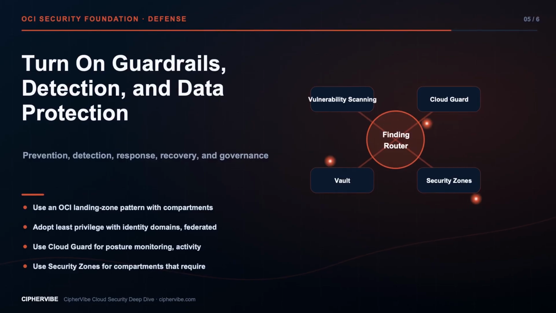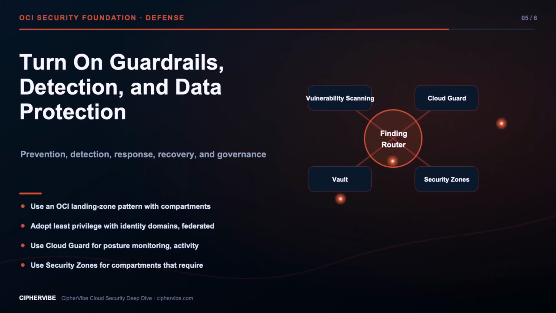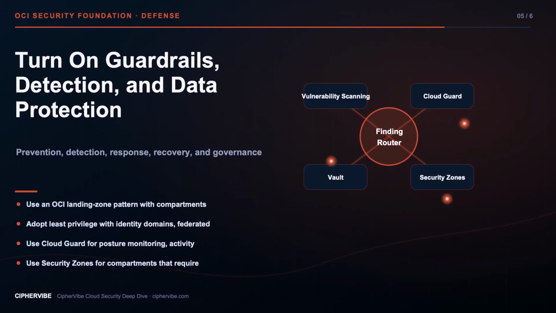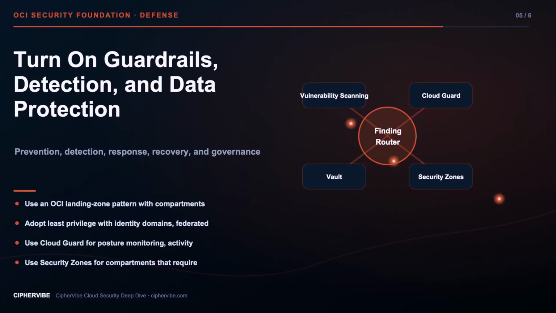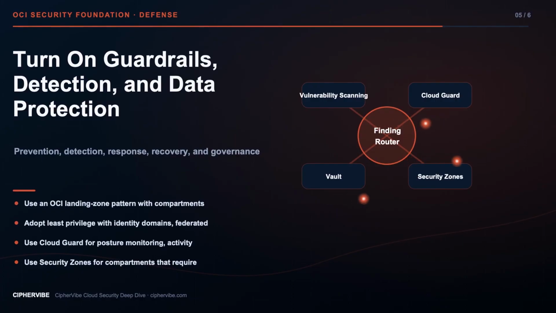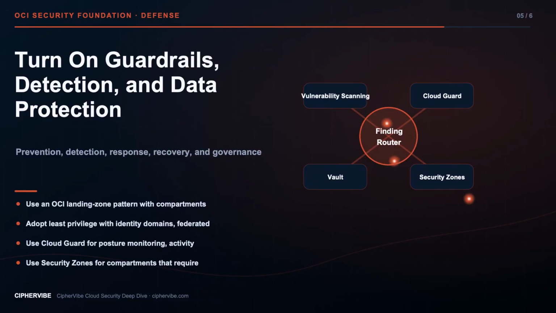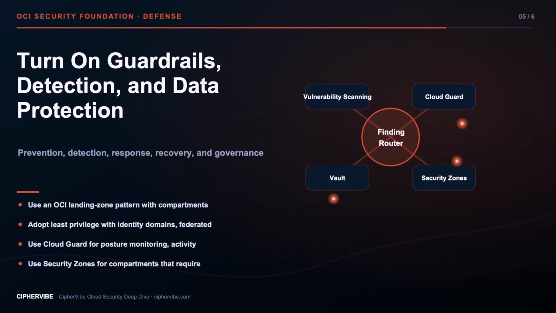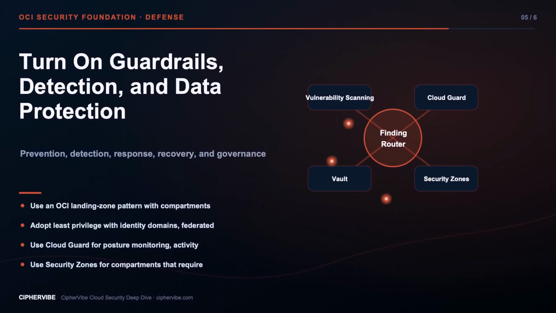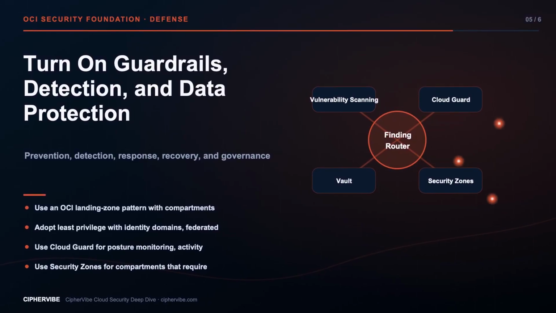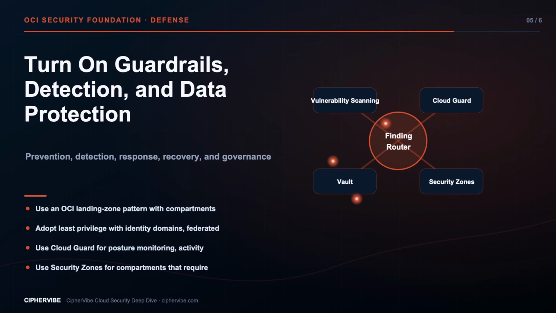Fifth, centralize evidence with Audit, logging, events, monitoring, notifications, Service Connector Hub, protected log groups, retention policy, and alerts on policy, identity, network, key, bucket, and logging changes. Sixth, protect data with object storage private defaults, public access review, encryption, vault, key rotation, customer-managed keys for sensitive systems, backup restore tests, and data access monitoring.